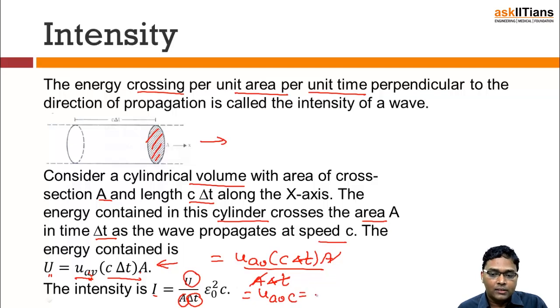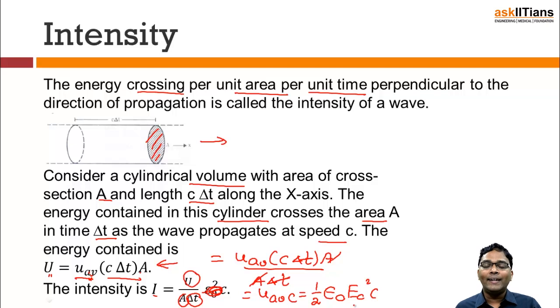This is equal to half epsilon naught E naught square into the velocity c. So the answer is, intensity is half epsilon naught E naught square into c. As you see, the intensity here is proportional to the amplitude square. What is the amplitude here? Amplitude is nothing but the electric field amplitude, right?